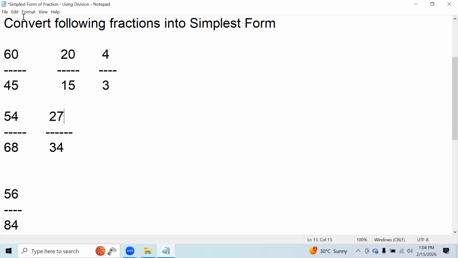Now check, 27 is divisible by which number? Let's say 3. 3 9s are 27. But is 34 divisible by 3? No. So do we have any other factor of 27 and 34 apart from 1? No, we don't. So this is the simplest form of 54 upon 68.